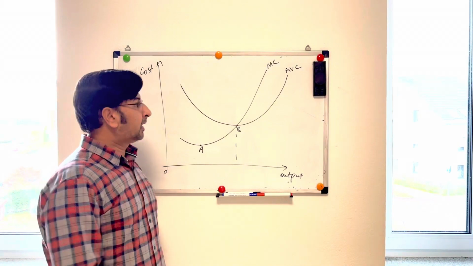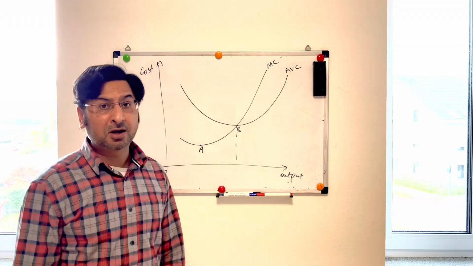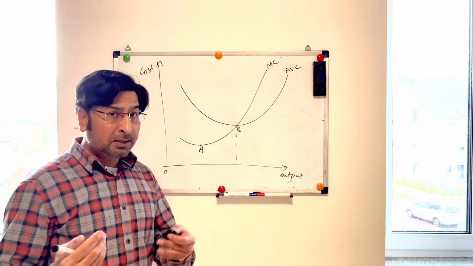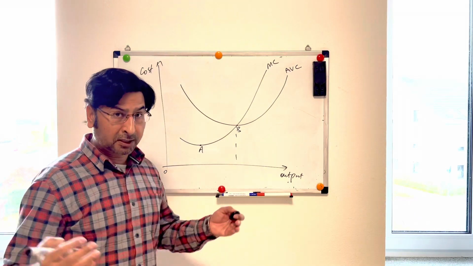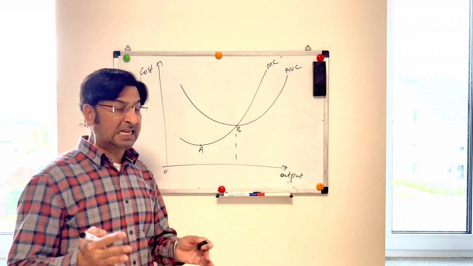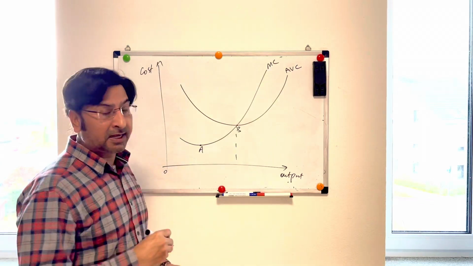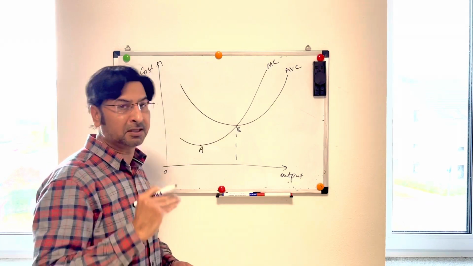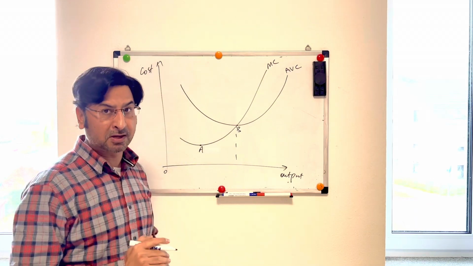And marginal cost cuts average variable cost also at its minimum. The only main difference between the relationship of MC and AVC and MC and ATC is that the minimum of average total cost comes later than the minimum of average variable cost.